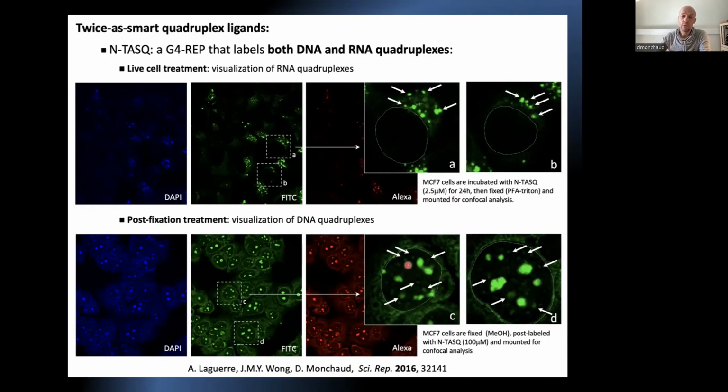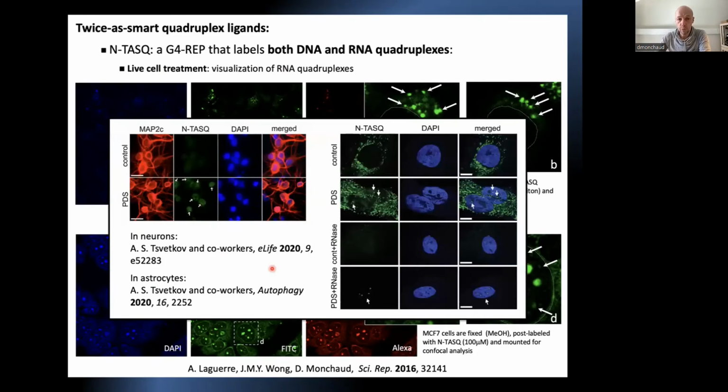So this simple molecule can be used for detecting DNA or RNA G4, depending on the way you want to use it. And we demonstrated the versatility of this approach more recently, playing not necessarily in MCF7 cells, but in central nervous system cells. In collaboration with Andre, we showed that we can use NAFTA to label G4s in neurons and in astrocytes as well. And this study was interesting because we demonstrated that the number of G4s increases with the age of neurons, which means that either G4s are responsible for aging, or aging is more permissive for G4 formation.